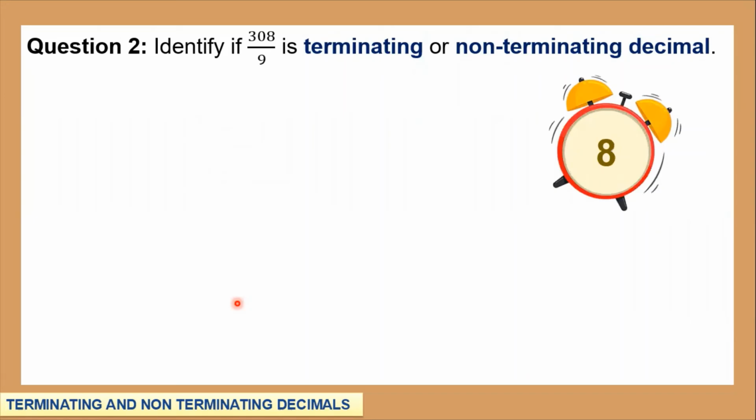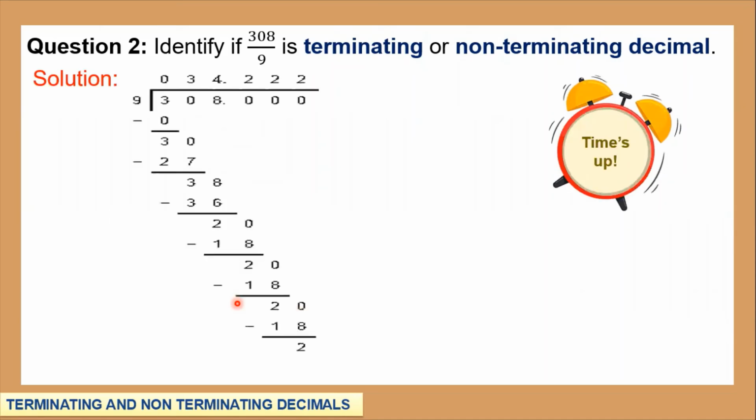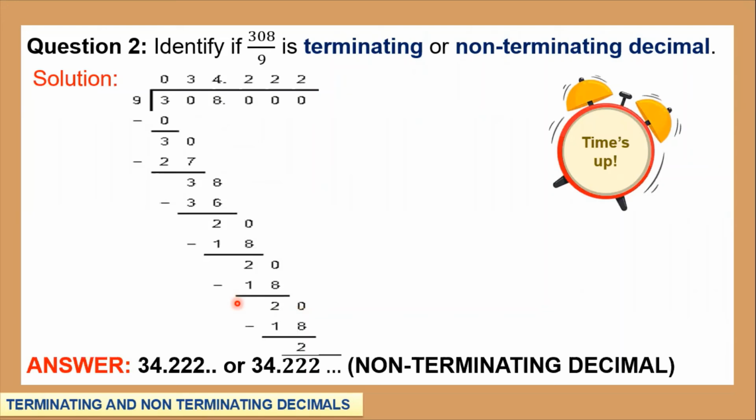Identify if 308 over 9 is a terminating or non-terminating decimal. For the solution and answer, we have here 34.222, with a bar on the digits 222, since we want to indicate that the 2 repeats itself.